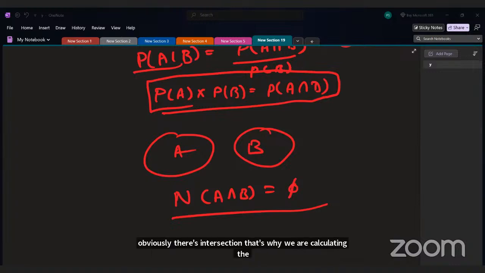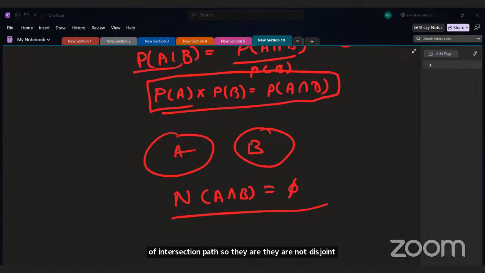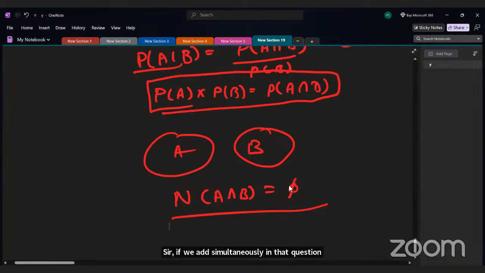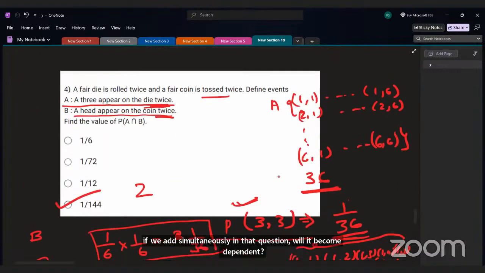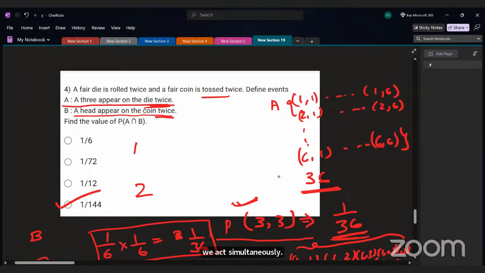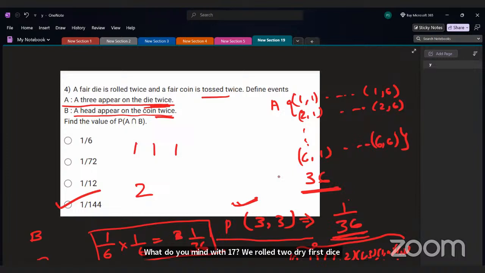Sir, if we act simultaneously in that question, will it become dependent? What do you mean by simultaneously? We rolled a dice first, then again a dice, then tossed the coin, then again tossed the coin. That's what we did.